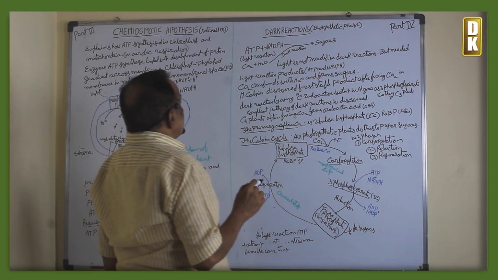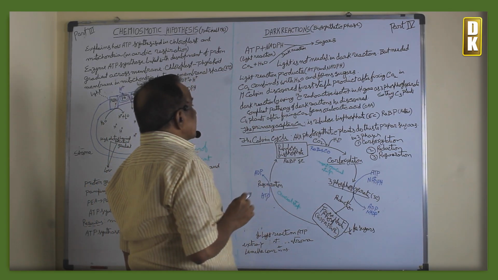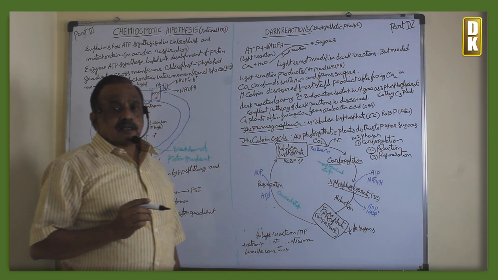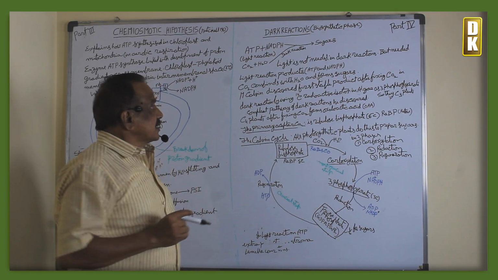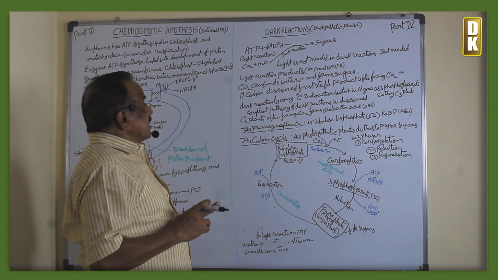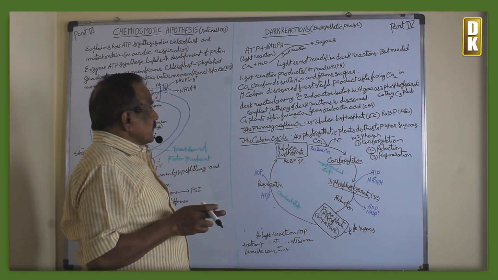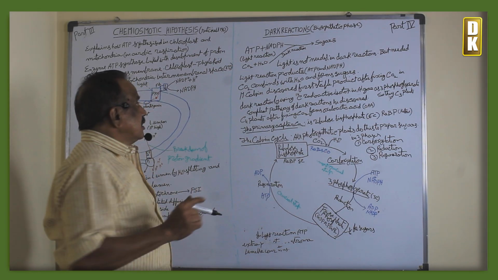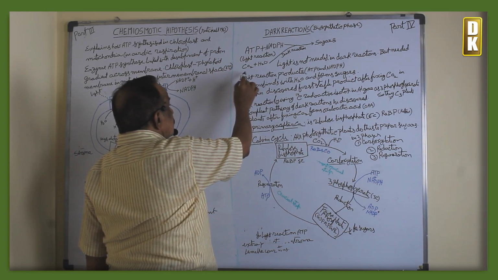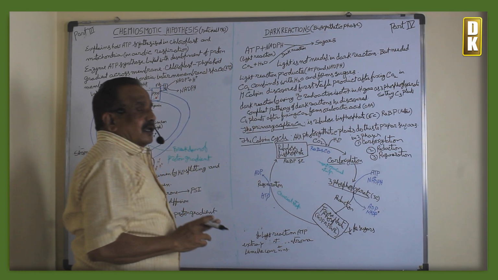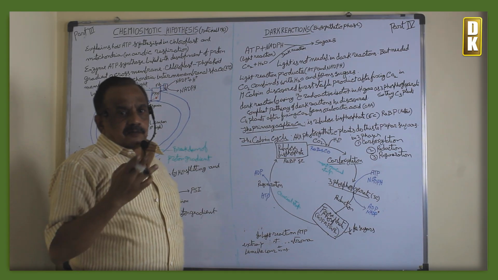Now we will see that in the dark reaction, carbon dioxide combines with water and forms the sugar. These are the two, carbon dioxide and water.